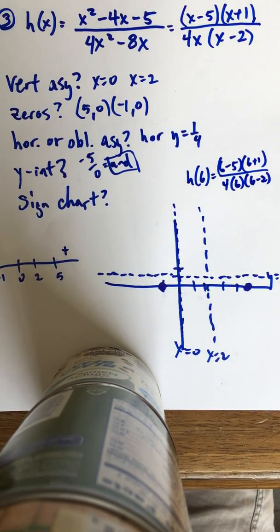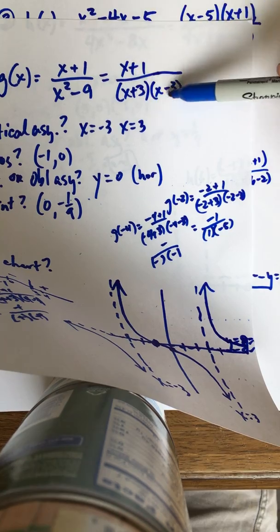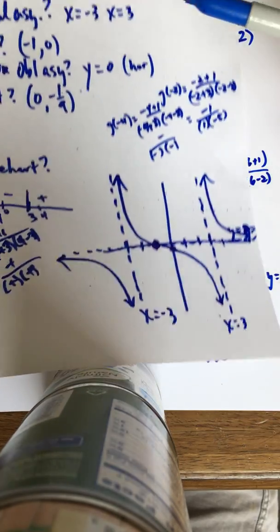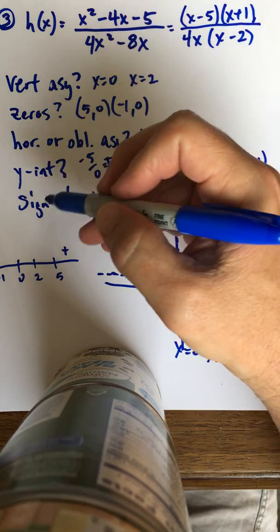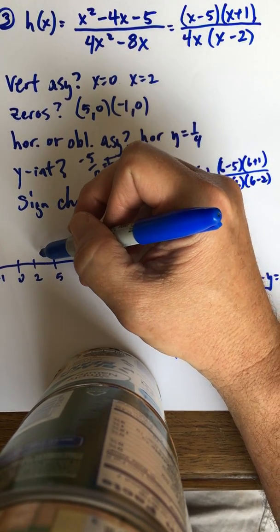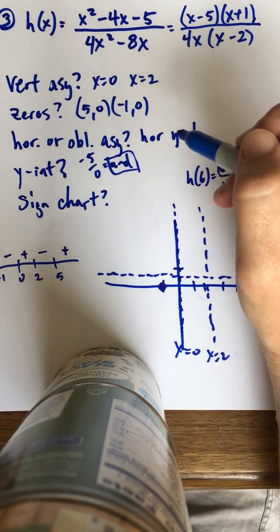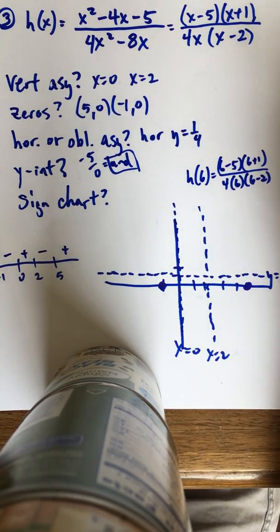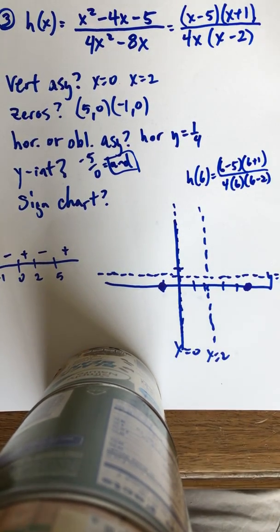On problem number 2, the critical numbers were negative 1, 3, and negative 3. Nothing was repeated, and the sign chart went negative, positive, negative, positive. For this, because it's got a positive over here, it's going to go negative there, positive, negative, positive. It's going to alternate unless one of the critical numbers, top or bottom, is repeated.